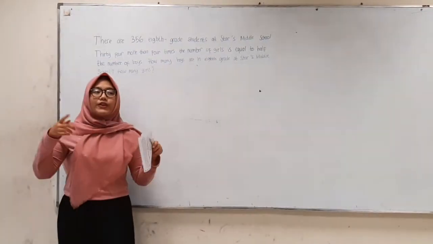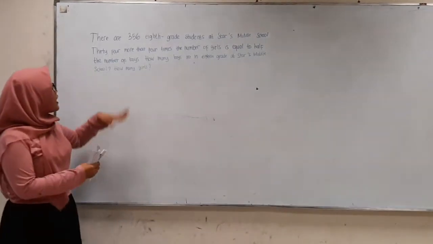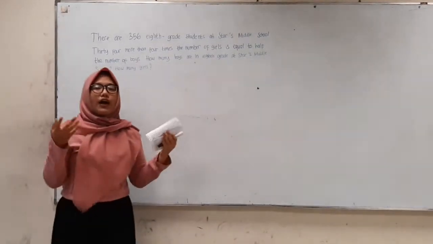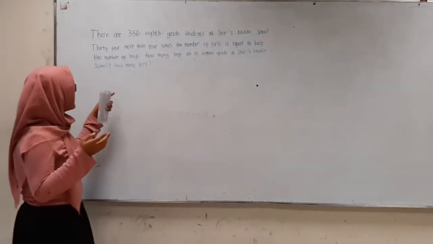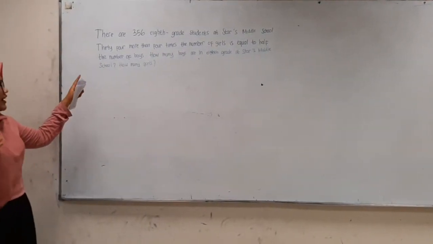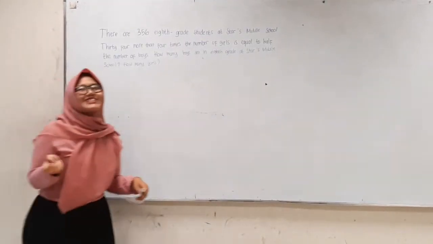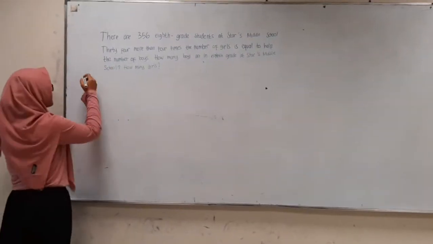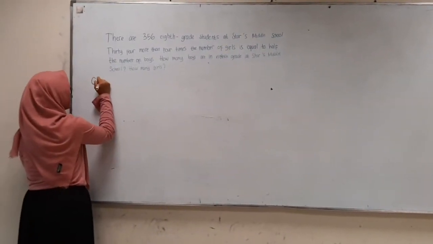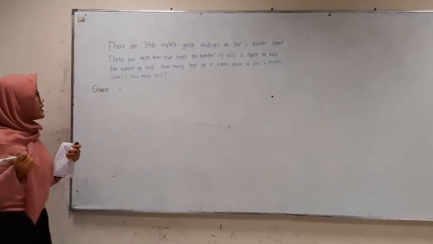Okay, first we need to define the variable, so we need to look back at the problem and see what variable we need. So we have some students and now we are talking about the boys and the girls. So we could write the given from the question.